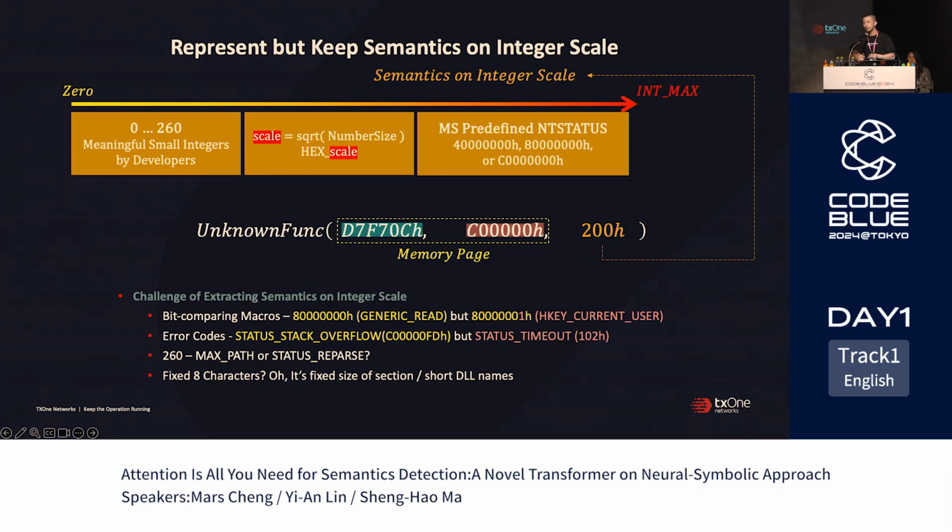So Microsoft has predefined a lot of magic numbers as human readable strings. All we need to do is identify such magic numbers predefined by Microsoft, and we can classify such an integer number into a Microsoft predefined string.